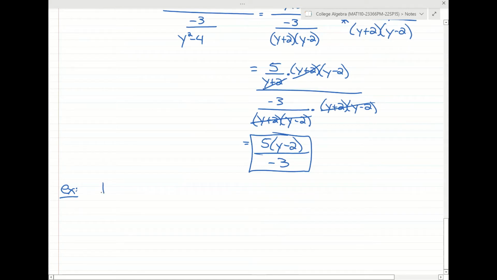Got this: 1 over a minus 1 over b divided by 1 over a squared minus 1 over b squared.